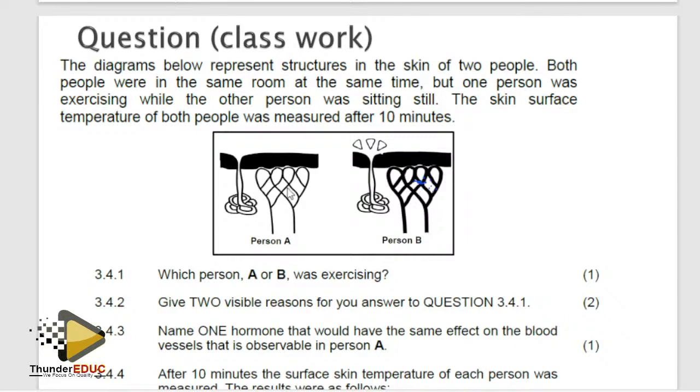Here is small. So this is hot day. You'll see sweat. So those are the two things we need to look at. The blood capillaries are dilated, and then the sweat. Here, the blood capillaries are very small and narrow. They are below the skin surface more, and there's no sweat. So basically that's it. And then they are saying name the hormone that would have the same effect on blood vessels observed in A. Here, the blood vessels constrict, it is adrenaline. Please don't forget about it.